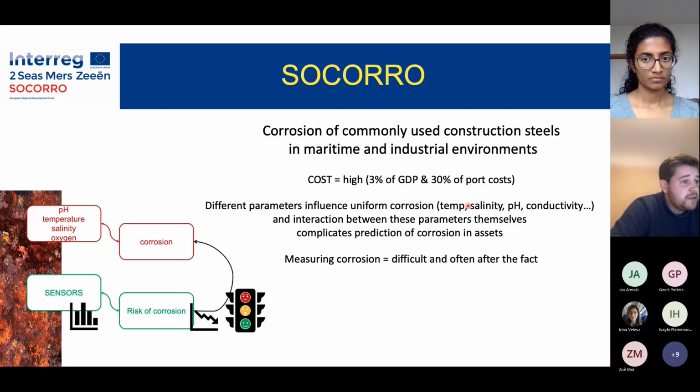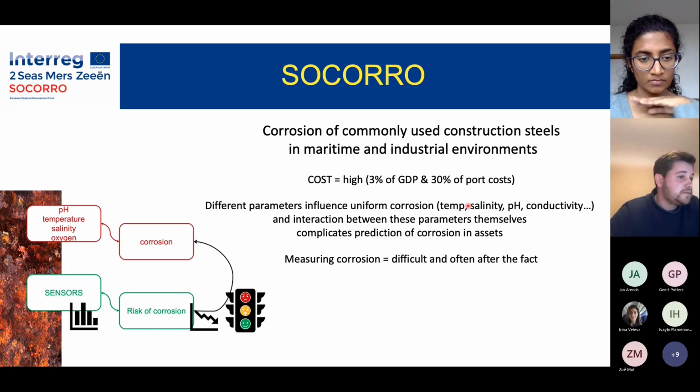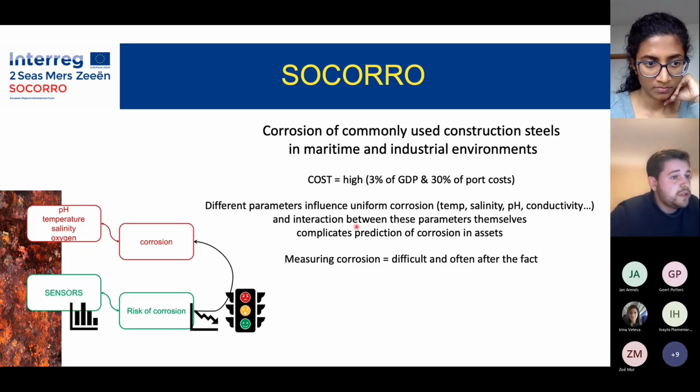There are a lot of different parameters influencing uniform corrosion. Uniform corrosion is the topic of the SOCORRO project. It can be influenced by temperature, salinity, pH, conductivity, and more parameters. The interaction between these parameters themselves can also complicate the prediction of corrosion in steel assets.